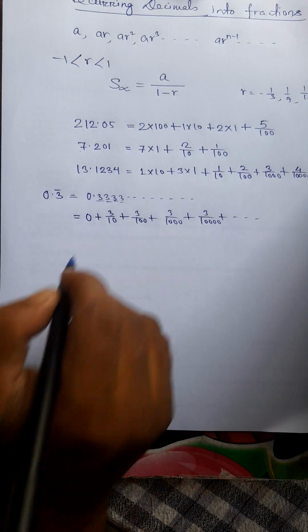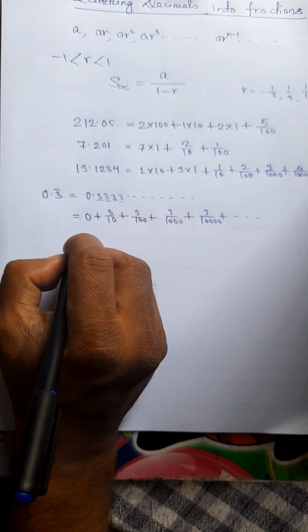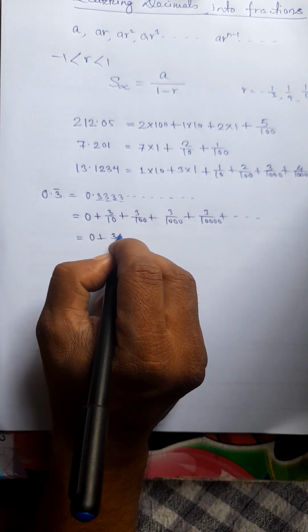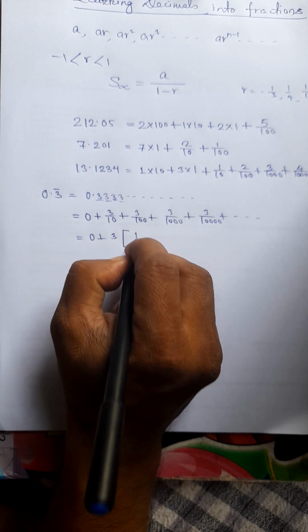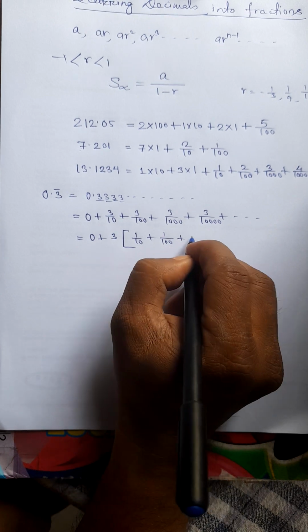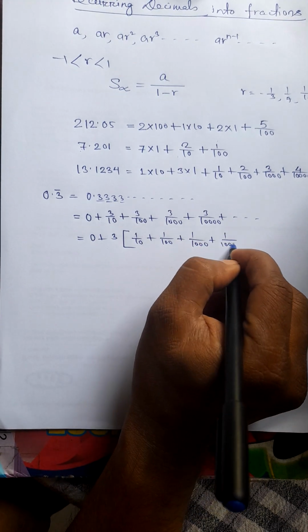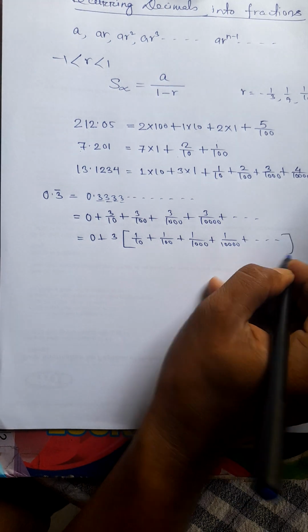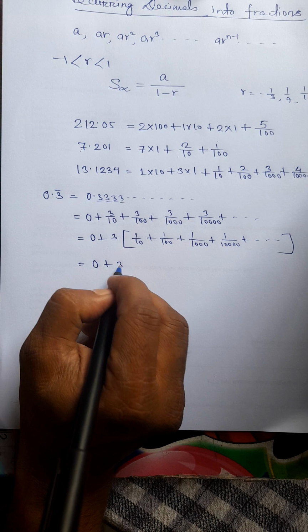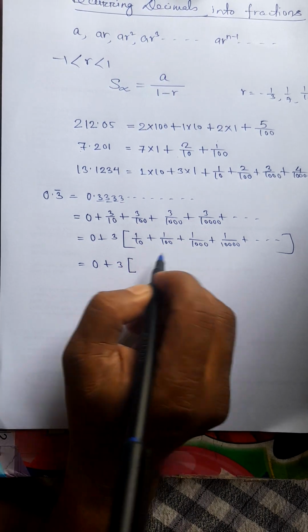Now let's say we want to convert this into common fraction. How do we do it? So you will find that 3 is common here, so you can write it as 1 by 10 plus 1 by 100 plus 1 by 1000, 1 by 10,000 and so on. So 0 plus 3 multiplied by, so this is clearly a geometric progression.